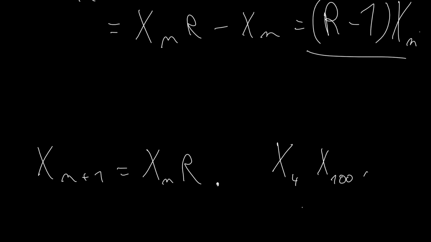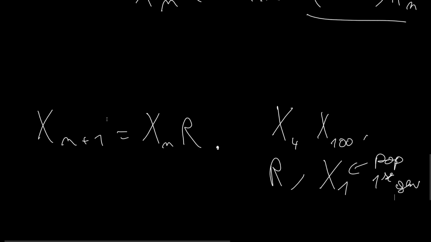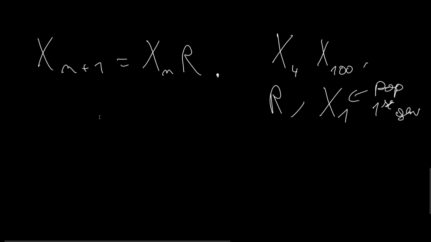We want to be able to calculate it given only two things, R and the initial condition, which is x1, the population in the first generation. So let's see if we can do that.